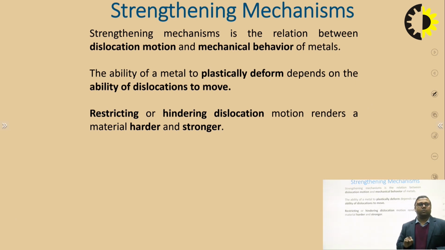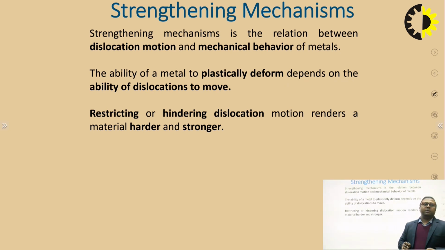Due to this movement of atoms, various strengthening mechanisms are created, which increase the strength of that material from lower strength to higher strength, and that's why the behavior of that material changes in a very drastic manner.